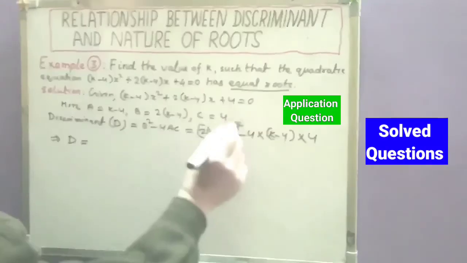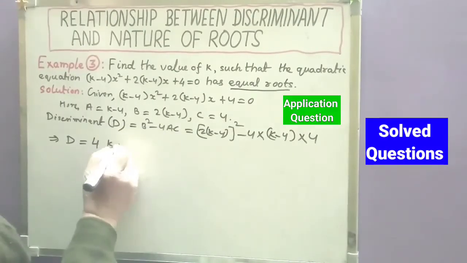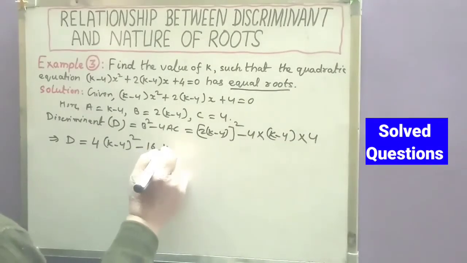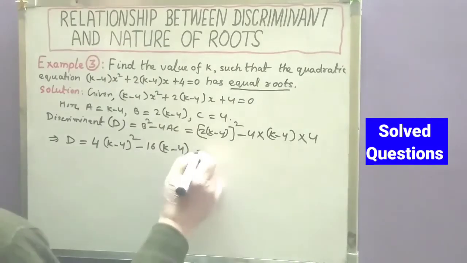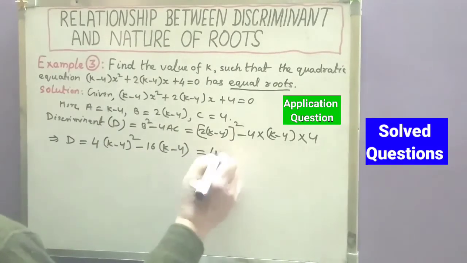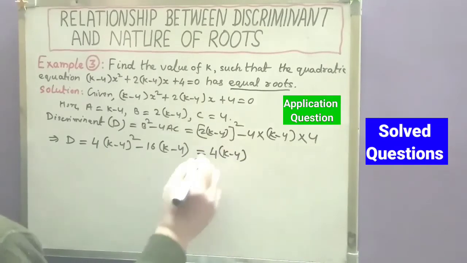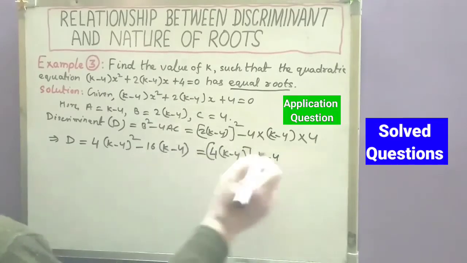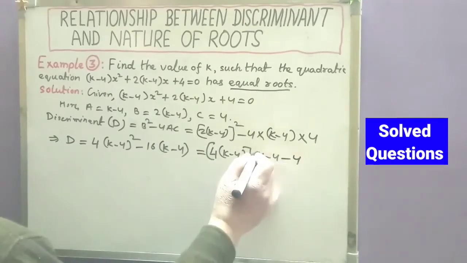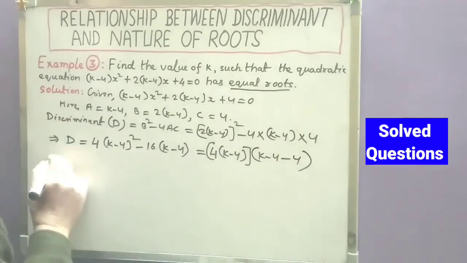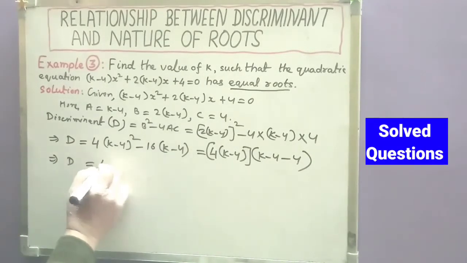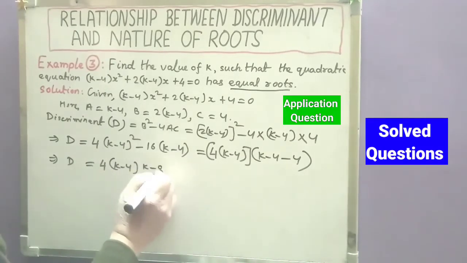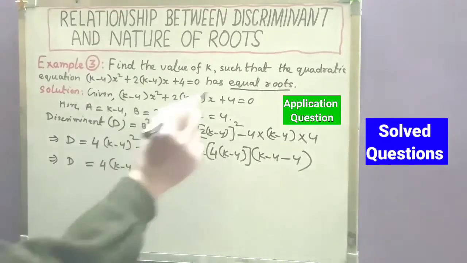That implies that d equal to 4 whole square of k minus 4 minus 16 whole into k minus 4, that equal to 4 whole into k minus 4 into k minus 4 minus 4. That implies that d equal to 4 whole into k minus 4 whole into k minus 8.